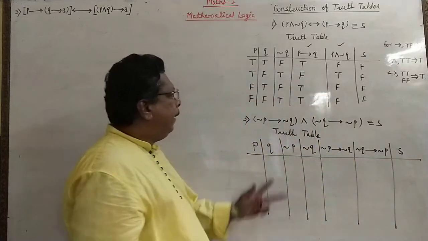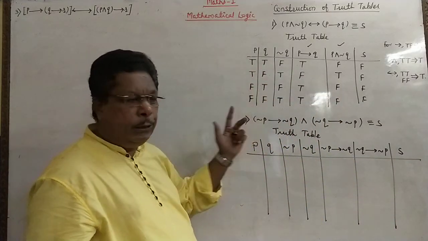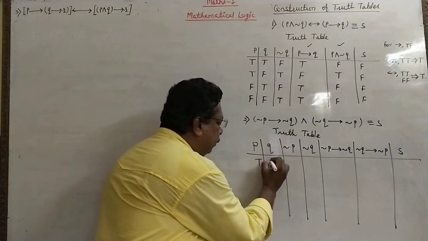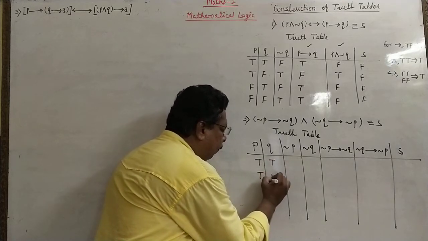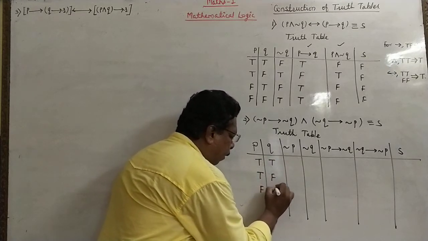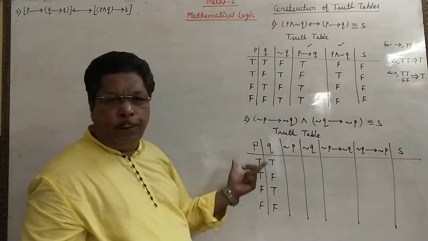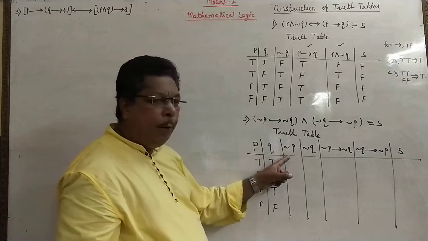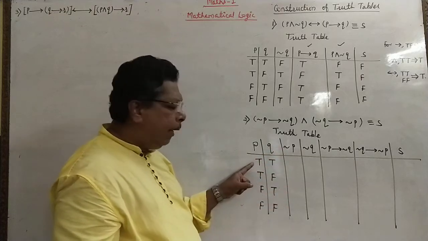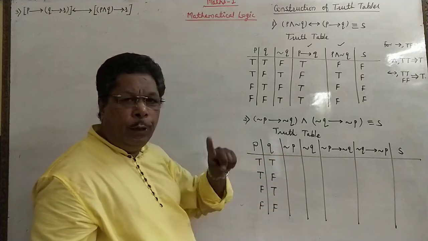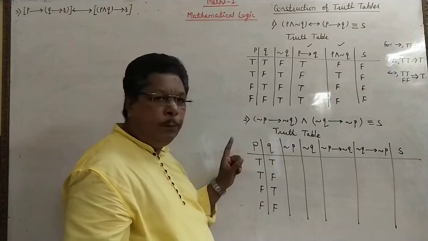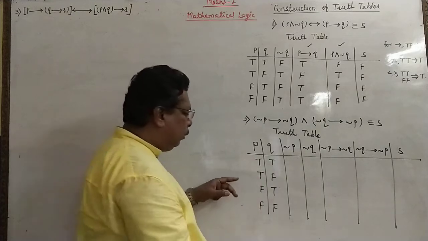Possibilities are fixed. If you have two statements, possibilities are true true, true false, false true, false false. These are the fixed four possibilities. Third column is negation P. Write down opposite. P is true, negation P is false. P is false, negation P is true.